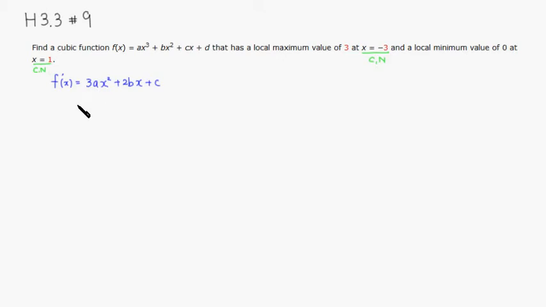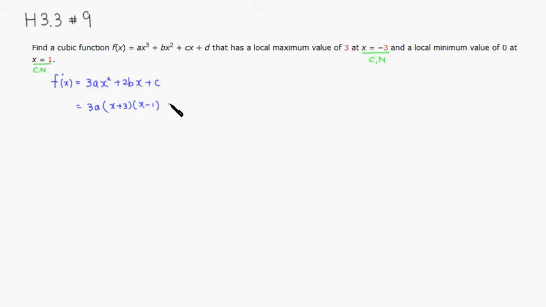So the derivative can be written with 3a factored out, and then x plus 3 and x minus 1 as factors. These two expressions must be exactly the same, so let's multiply out and match them up.